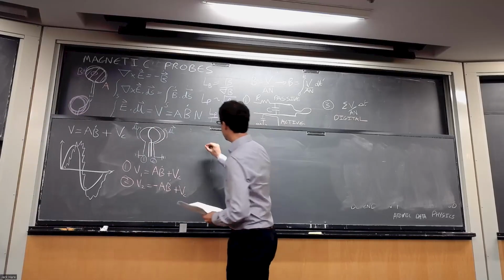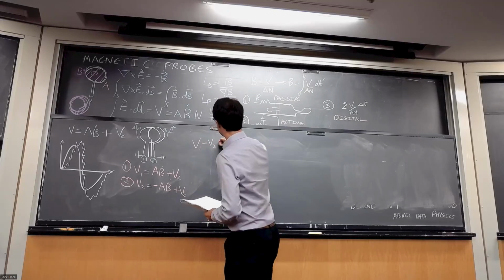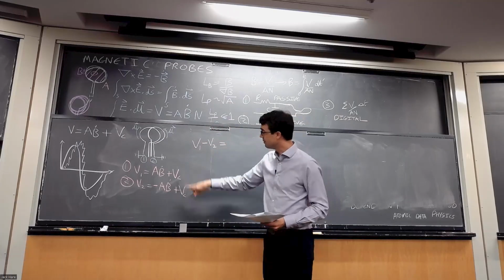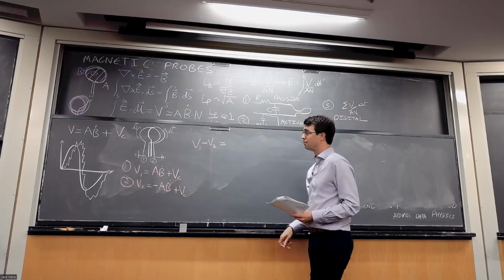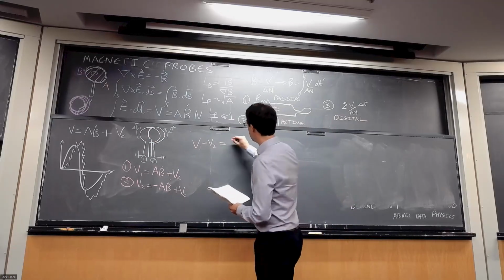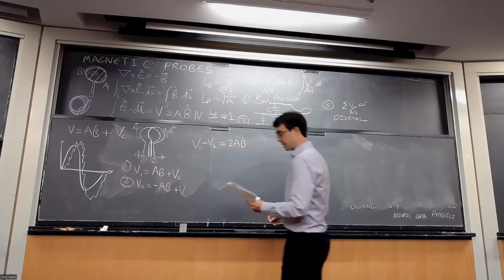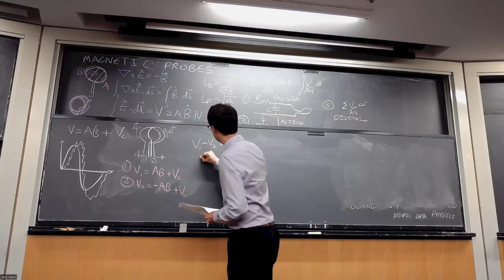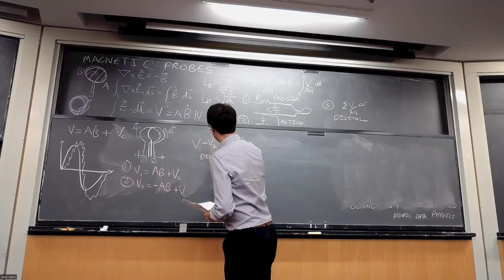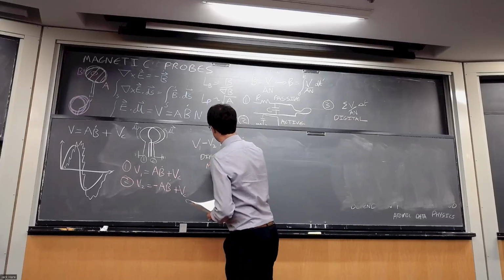We can take the difference of V1 minus V2, and you'll see that these capacitively coupled voltages, which are the same on both loops, will cancel out. But we will amplify up the signal that we actually want. And so we'll end up with 2A B dot, like this. So this is, as I said, a differential measurement. And whenever possible, if you're trying to get rid of noise, you want to try and do things like differential measurements.